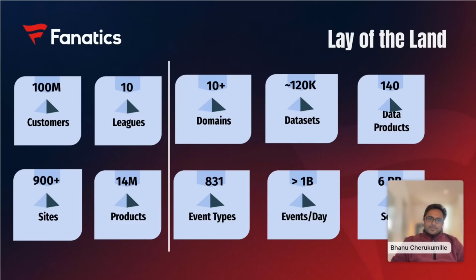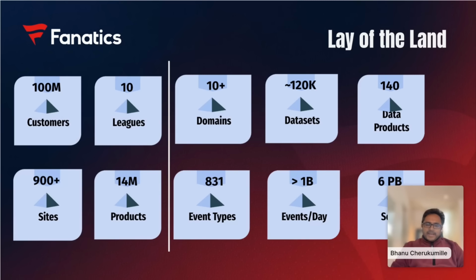So before we start, Fanatics is a one-stop shop for all the sports fans to buy their licensed merchandise. We are licensed to sell sports merchandise across 10 different leagues, be it NFL, NBA, NHL, golf, soccer, WWE, all major leagues.